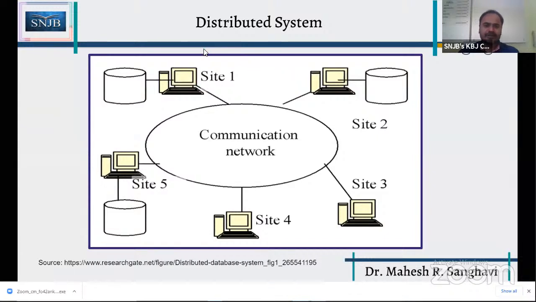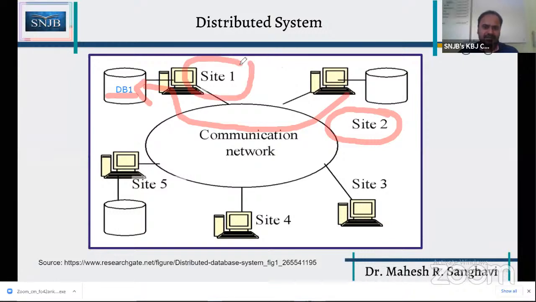Suppose, for example, you have one database stored here. Suppose DB1 is stored here. Now this DB1 is accessible to site 2 via site 1. So site 2 may access database DB1, which is located at site 1.